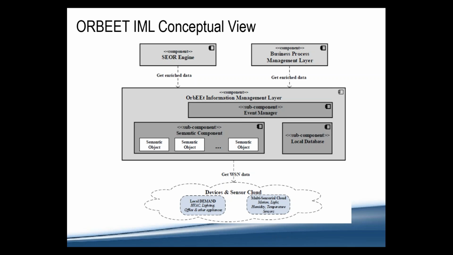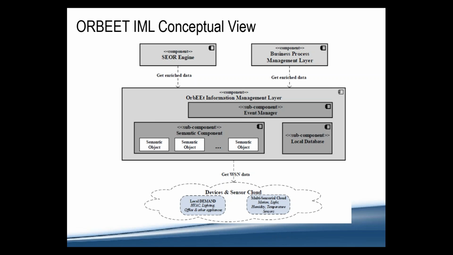So we don't only get abstract raw measurements from the devices, but we add additional semantics in order to extract meaningful information from the different device types. This information is also stored in a local database for persistency reasons.